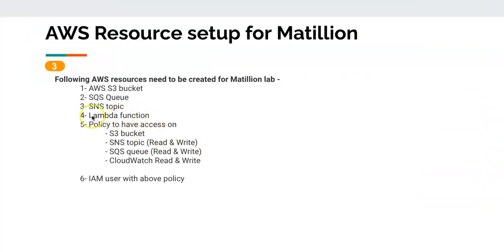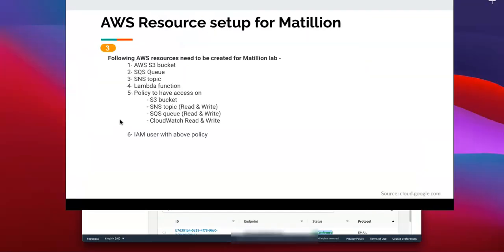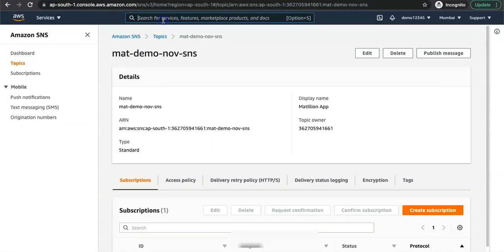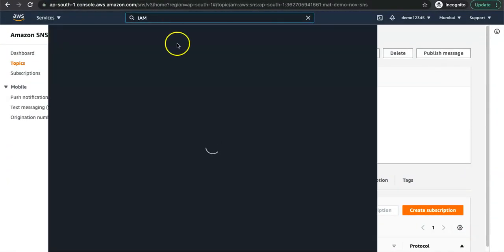Next is the Lambda function. The Lambda function is something that we will be doing at the end. Let's now work on the policy. For the policy, I will search for the IAM service. This is very important.